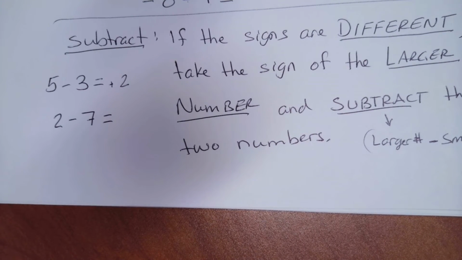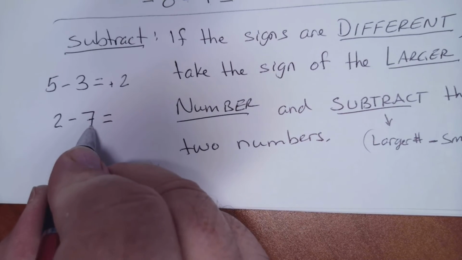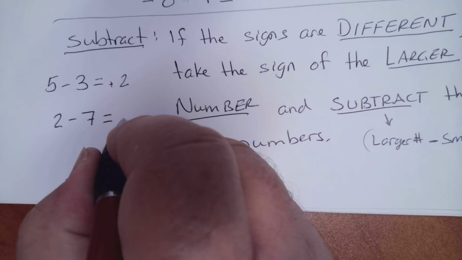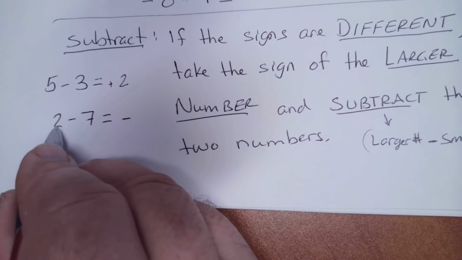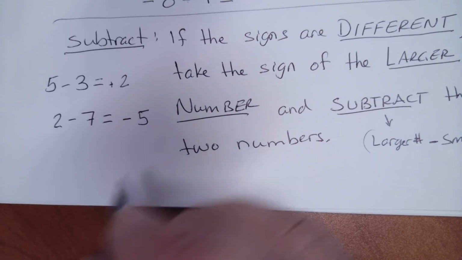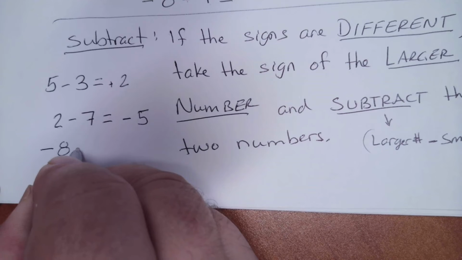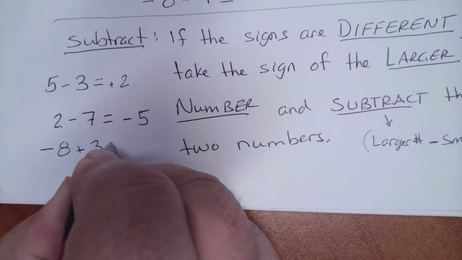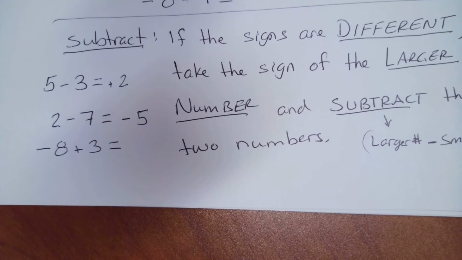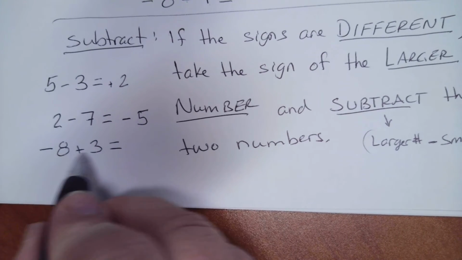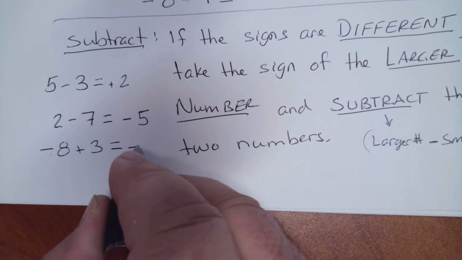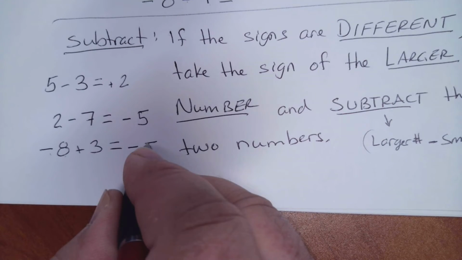Is the answer positive or negative? Negative, because 7 is bigger than 2, and it's negative. 7 minus 2 is 5. Negative 8 plus 3. 8's bigger than 3 and it's negative, so the answer is negative. 8 minus 3 is 5.